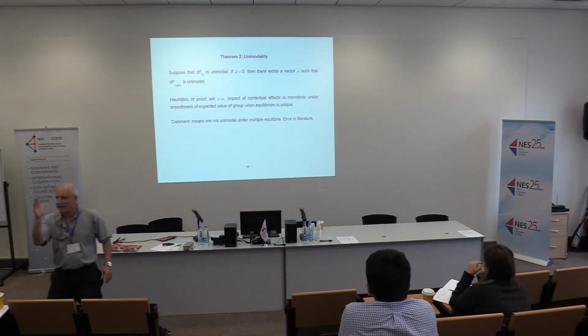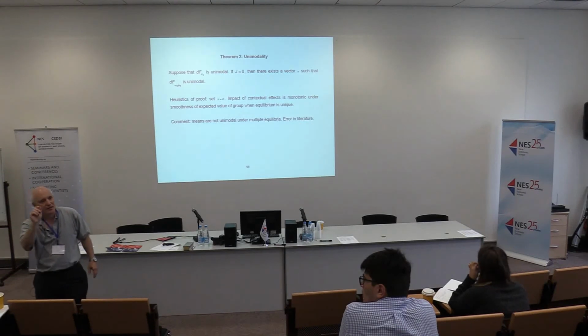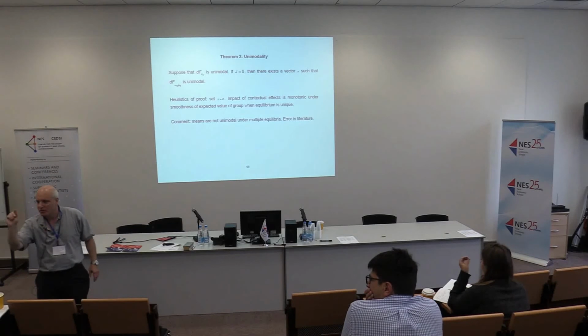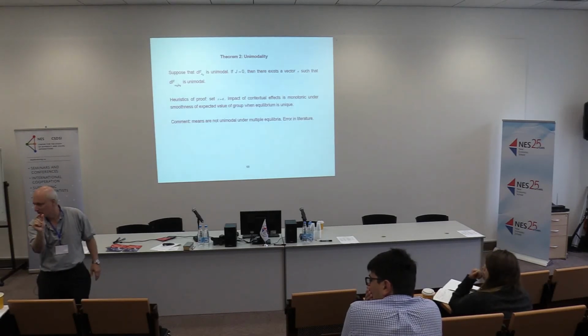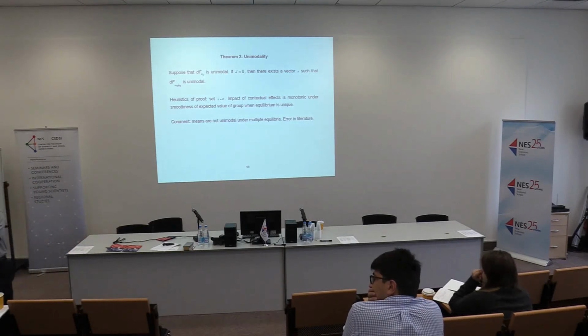Then the following is true. If I look at groups at a given level of average behavior, it must be that there's some pi such that the contextual effects, so the net value of the contextual effects, is also unimodal. So in other words, if the alphas are unimodal and you look at all the groups where the expected value is 0.4, let's say, there'll be a nice unimodal density of d times y.